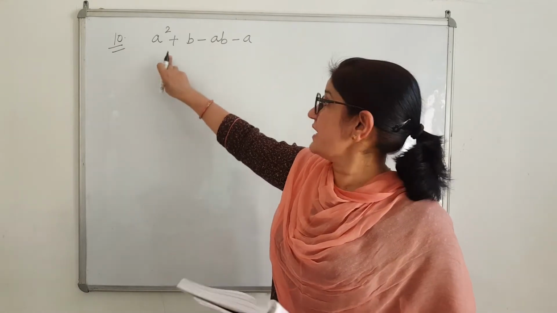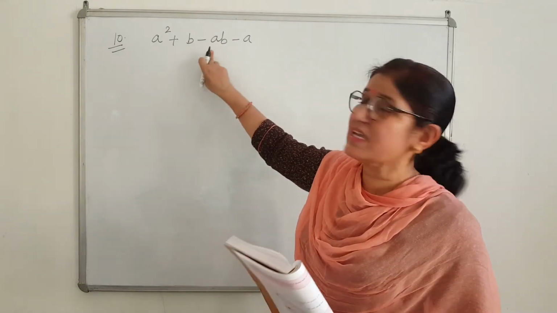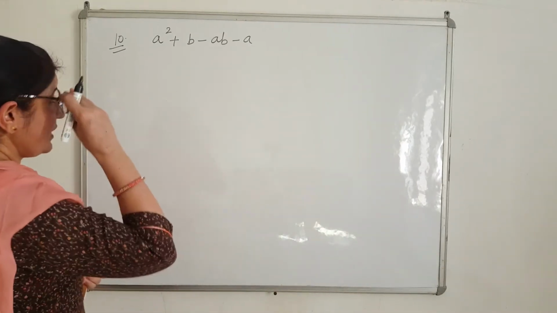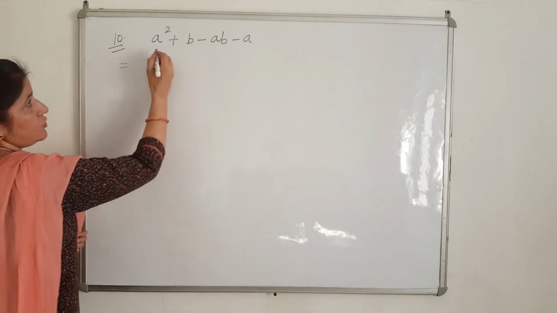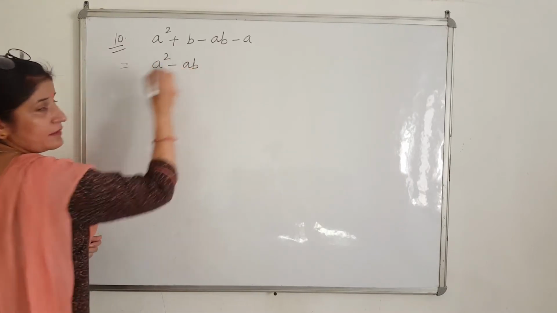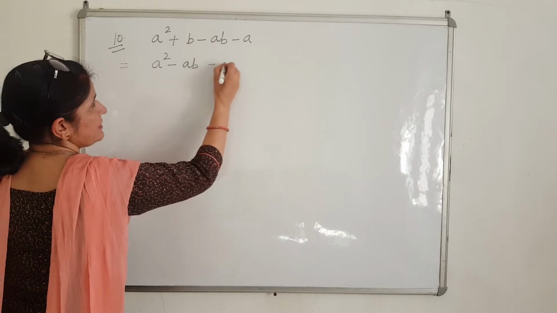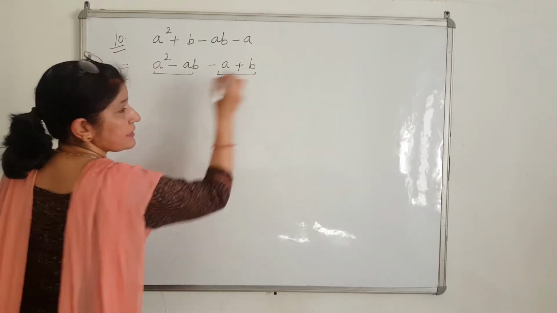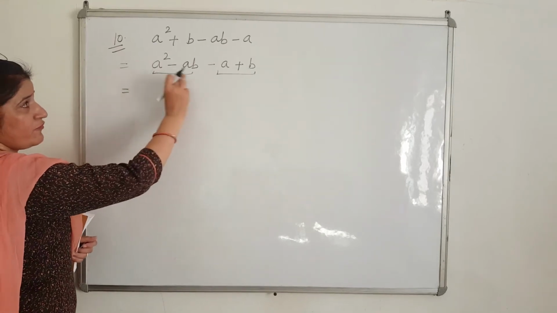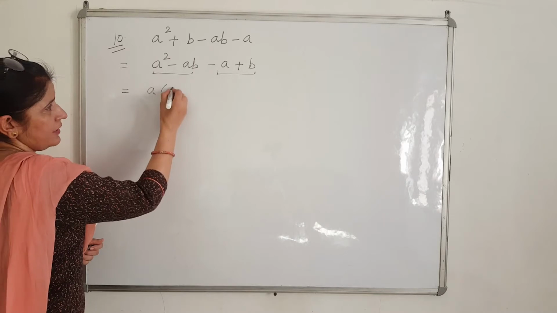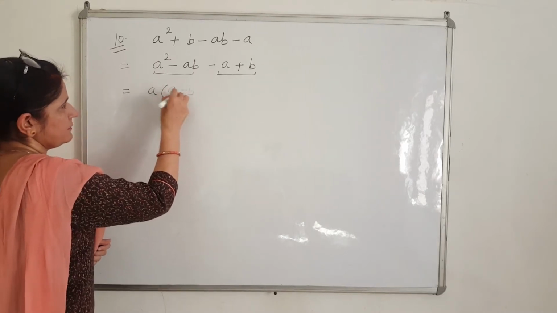Now next question, question number 10. The statement is a² + b − ab − a. What will we do? We will make groups. So we will take a² − ab and here −a + b. We make groups of these two terms like this. From the first group a is common, so what is left? a − b.